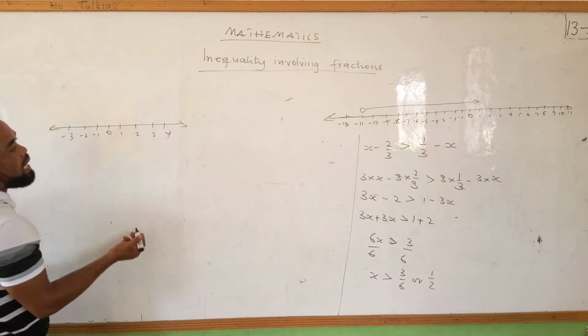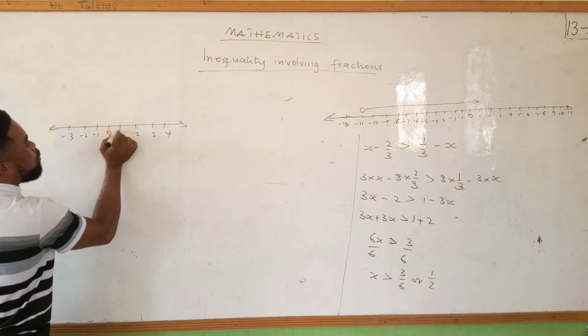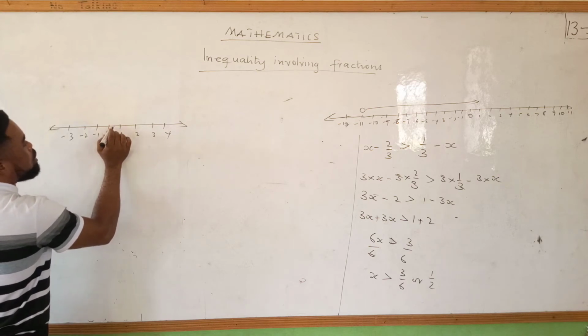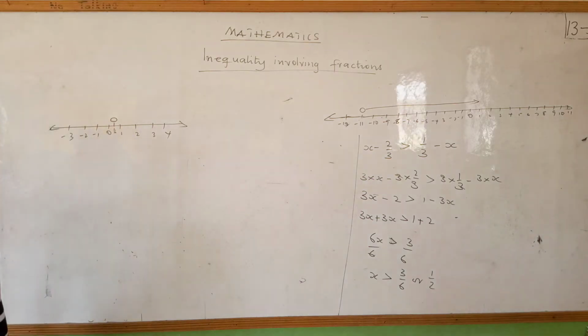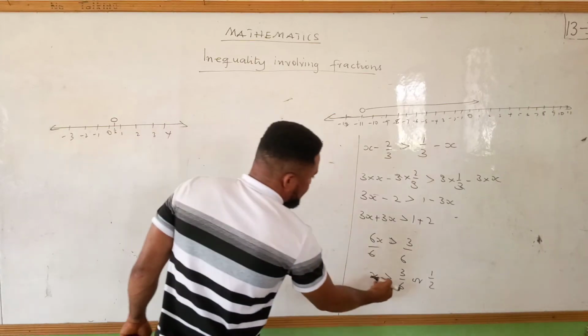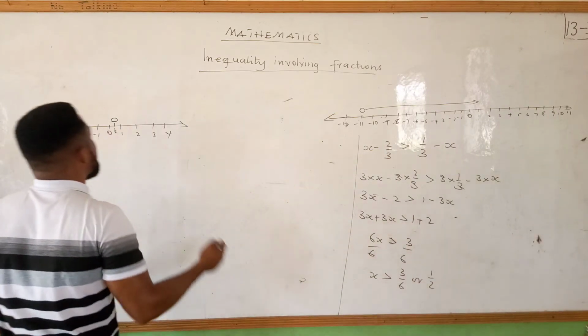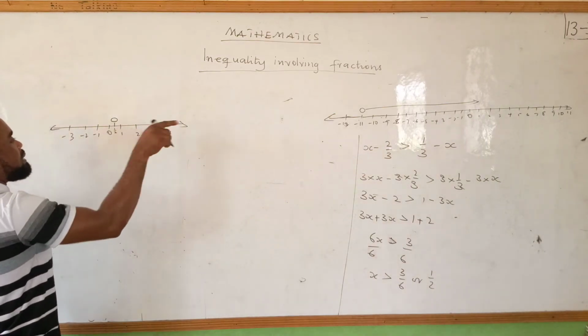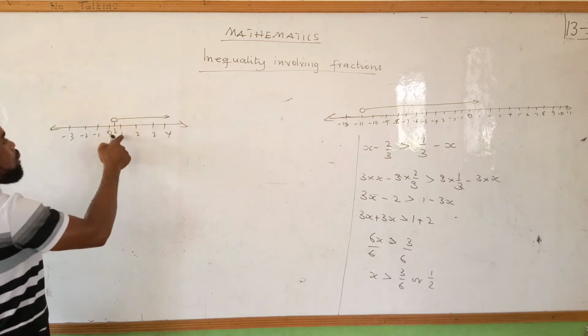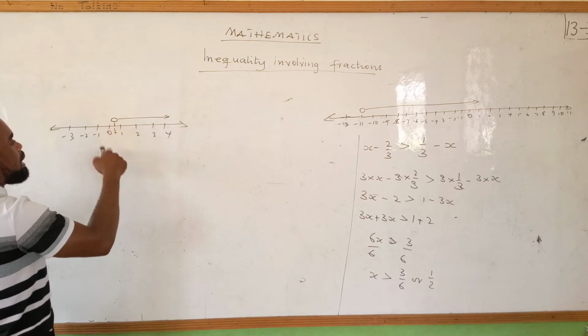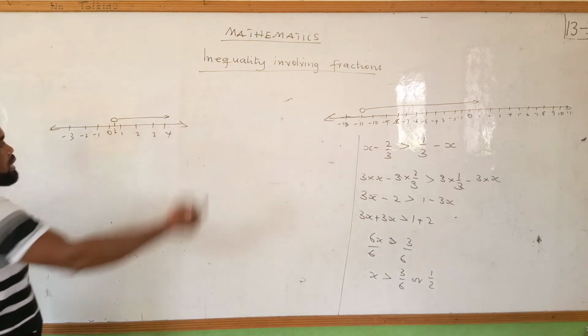So how do we get half? Half will be between the 1 and the 0, somewhere here. So this is your half. Then you write your half there. Then you draw your circle. You said that x is greater than half. So when it is greater, you go to your right, because 1 is greater than half, 2 is greater than half, 3 is greater than half, 4 is greater than half.